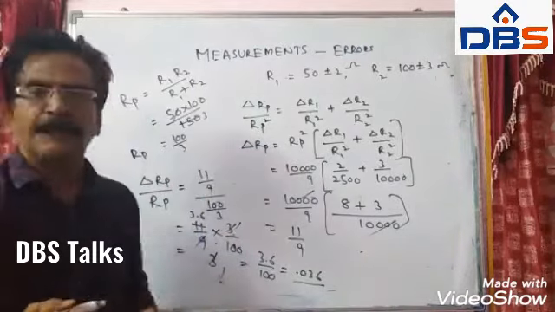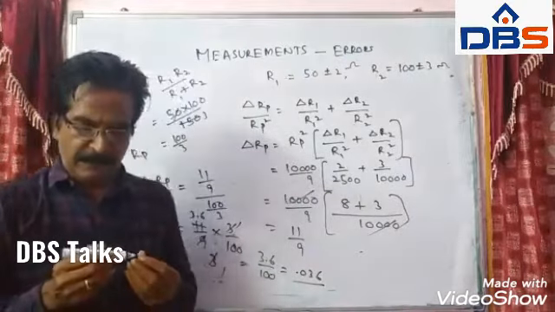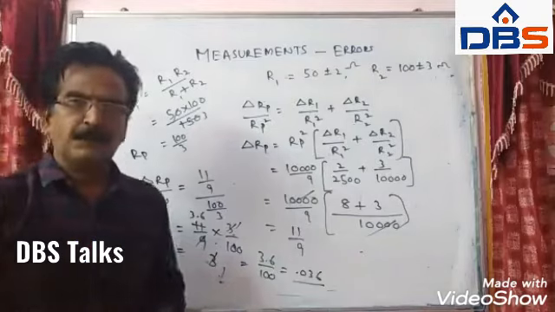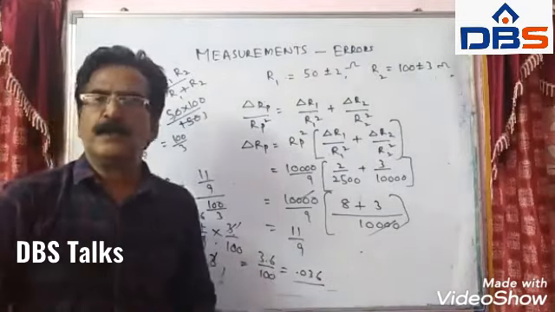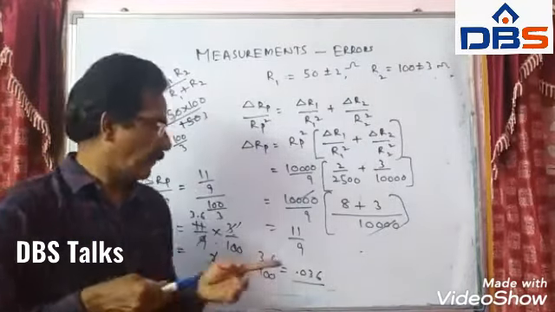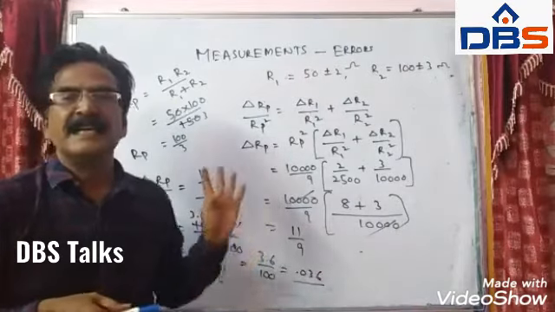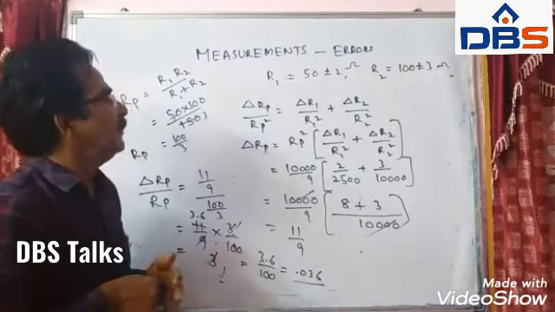This is delta RP by RP, friends. If you want the percentage, then by multiplying by 100 you will get the percentage. 0.036, that is the error.